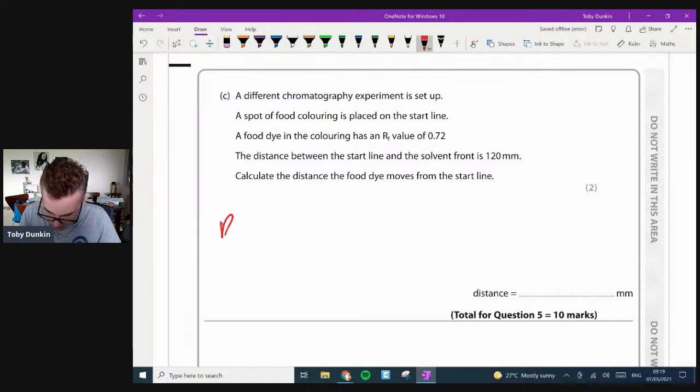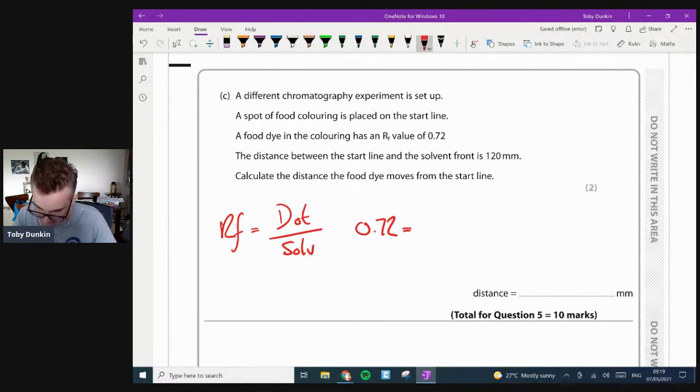So this is RF equals dot front over solvent front. Yeah, and that's it. So I've got the RF value, 0.72. That equals the dot front over the solvent front of 120 millimeters.